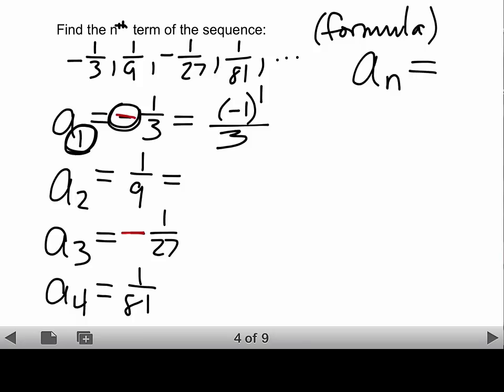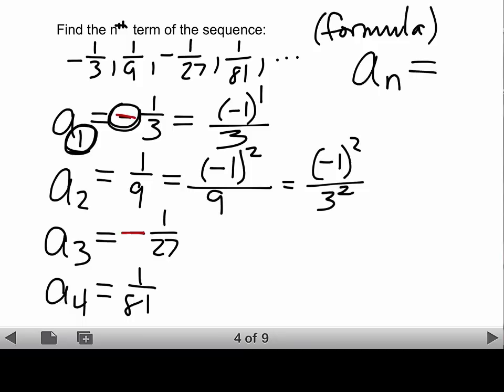It's 1/9. So it makes sense that that might be negative 1 with an even exponent, so 2 seems good to me. And the denominator is going to be, well, it's 9, and it seems to me that 9 could be written as 3 squared. We'll just let that sit again.